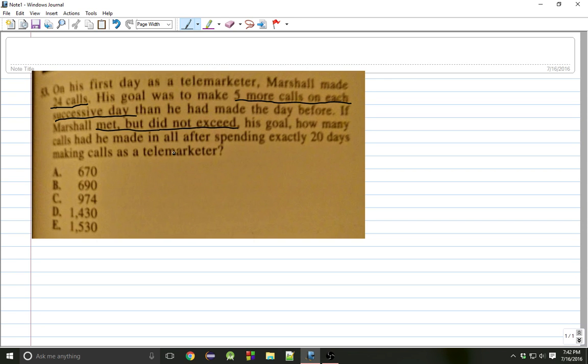Okay, so on his first day, we know that the initial amount is 24. And we know that his goal is to make five more calls on each successive day than he made the day before. So how do we do this?